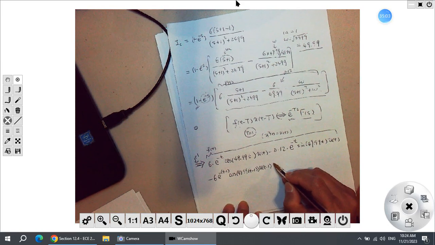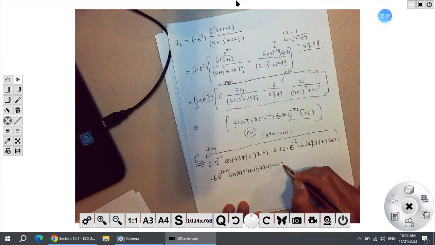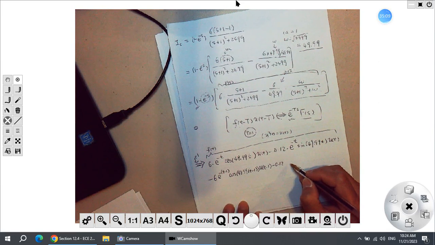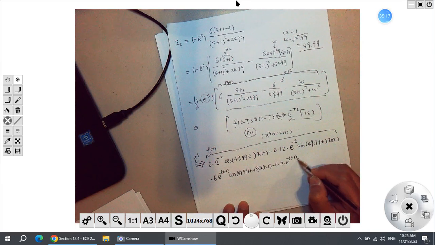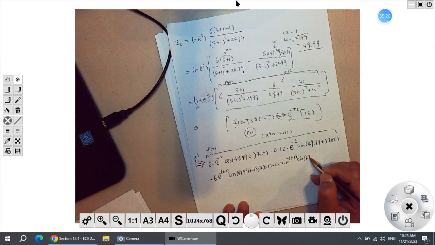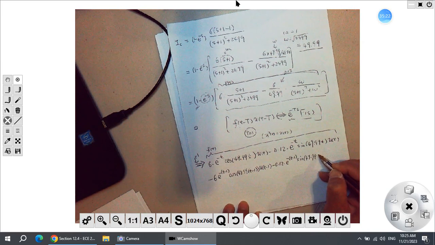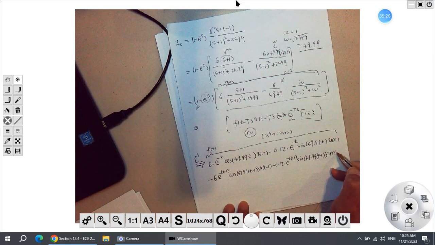Okay, the next, minus 0.12. This is coefficient, right? Times e to the negative (t minus 1), and the sine of 49.99 (t minus 1), and u of t minus 1.